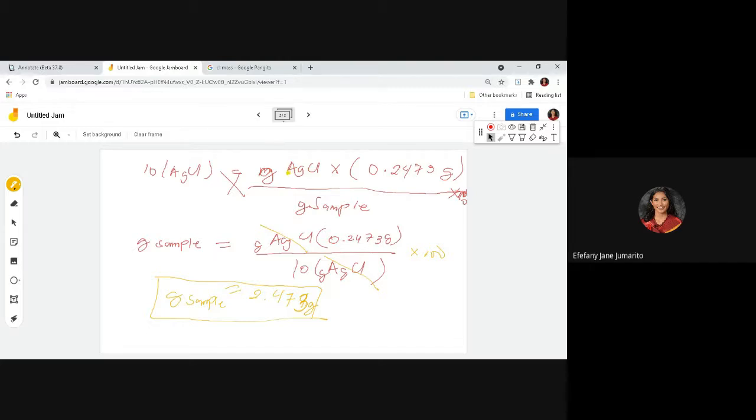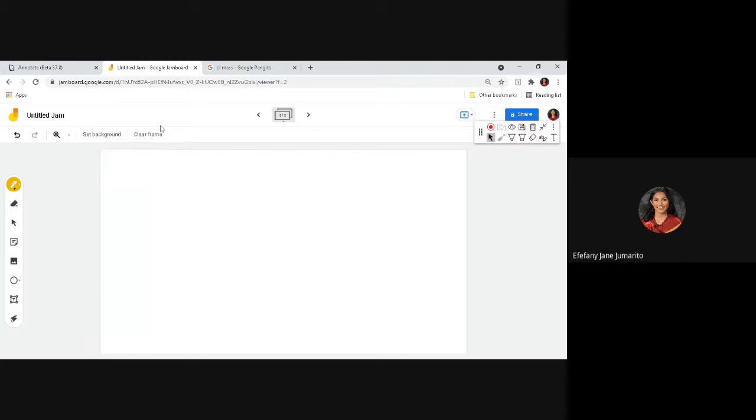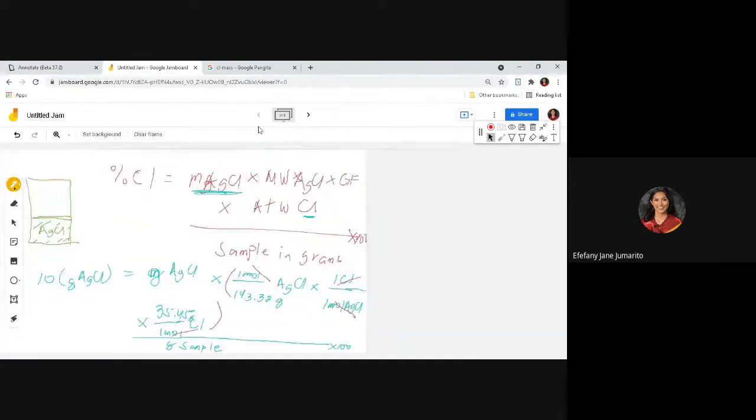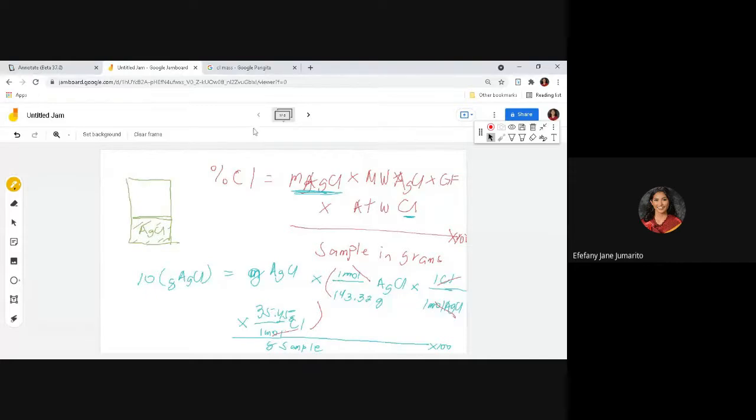Just to review, class. Any question? This is your sample. It contains AgCl. We are asked how many grams the whole sample is.